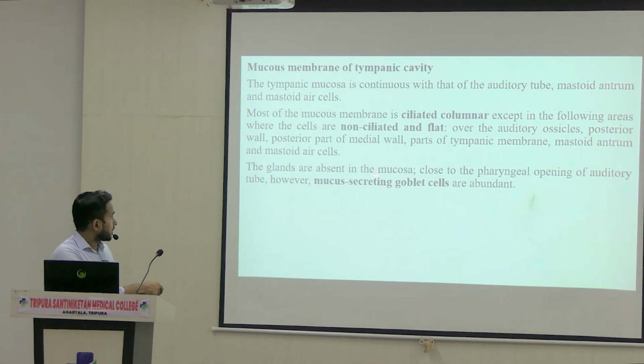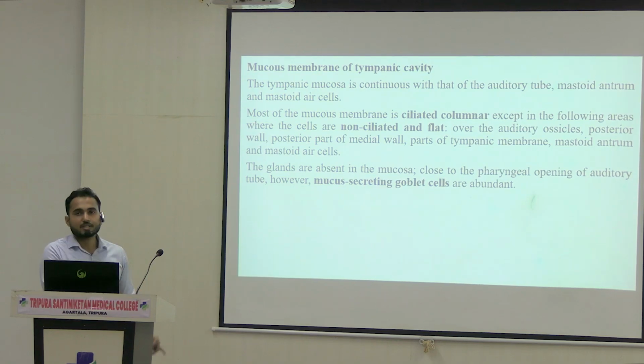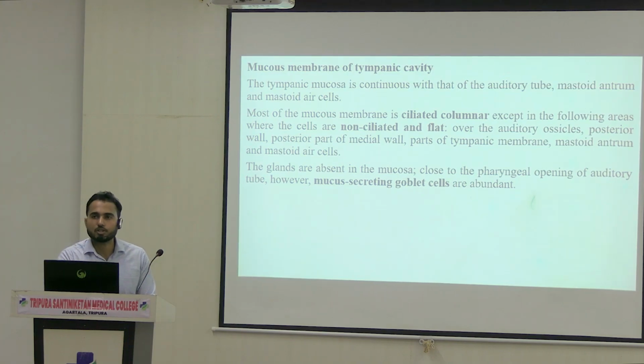Next, goblet cells or mucus secreting cells or mucus glands are absent, but in the areas adjacent to the opening of the auditory tube, the mucus secreting goblet cells are abundant. So this is the feature of the mucosal lining of the tympanic cavity. This is the important feature. So 2 different types of epithelium can be seen.